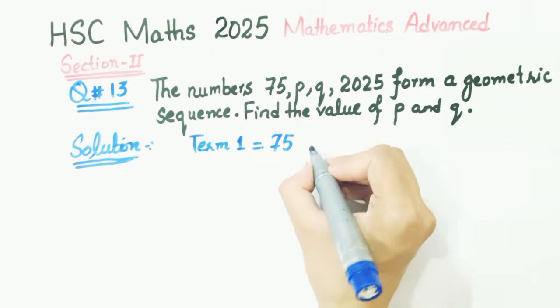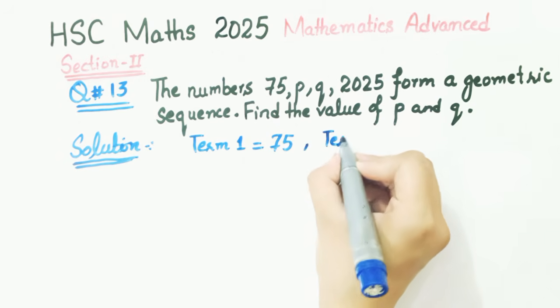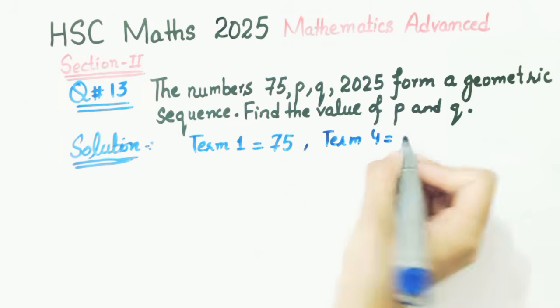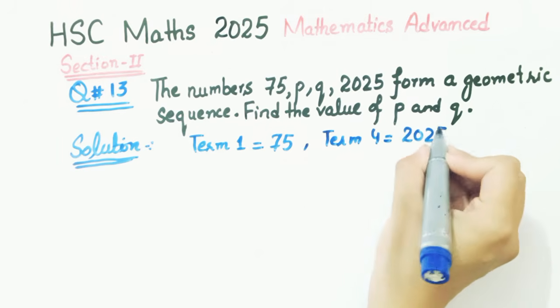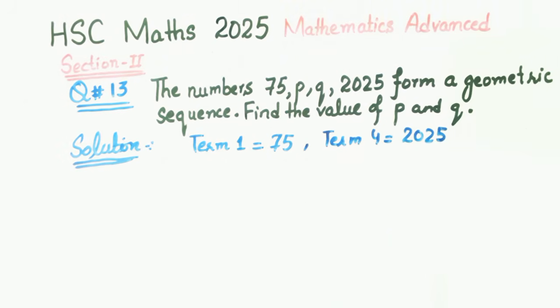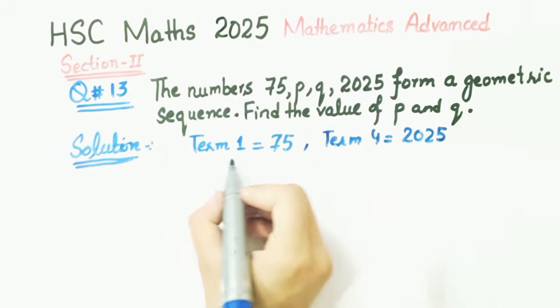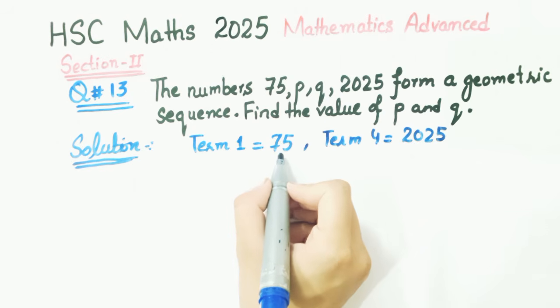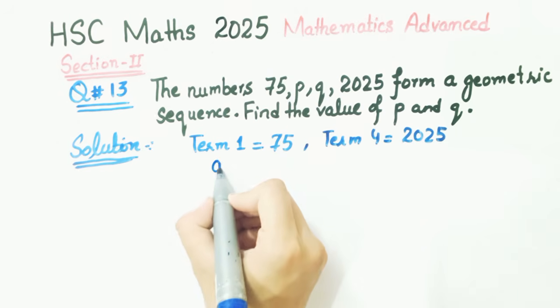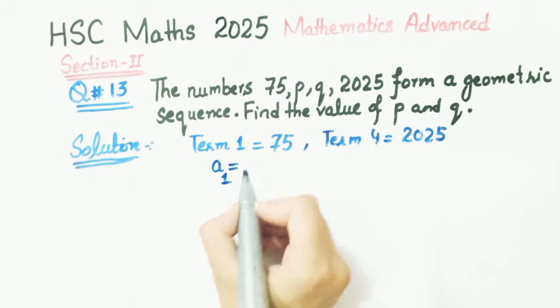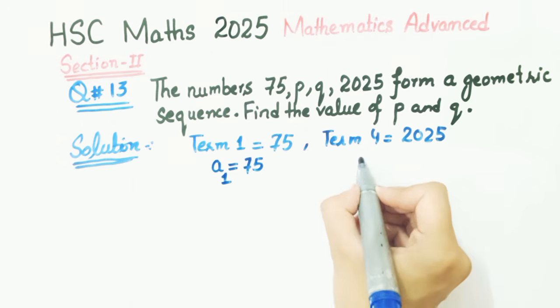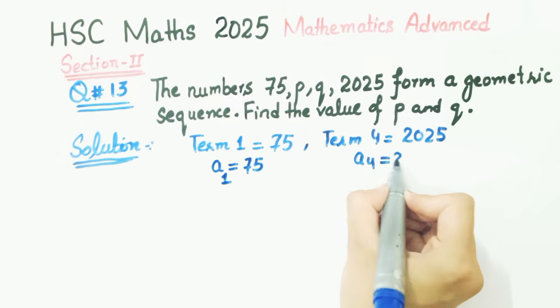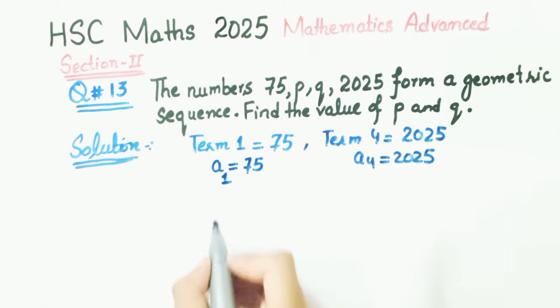So term 4 is equal to 2025. Now we will rewrite the formulas on this: first term equals 75, so this is the value of A, or A1 equals 75, and A4 equals 2025.